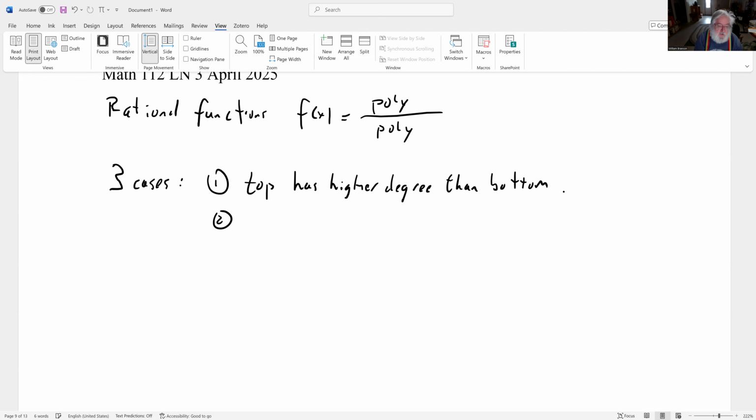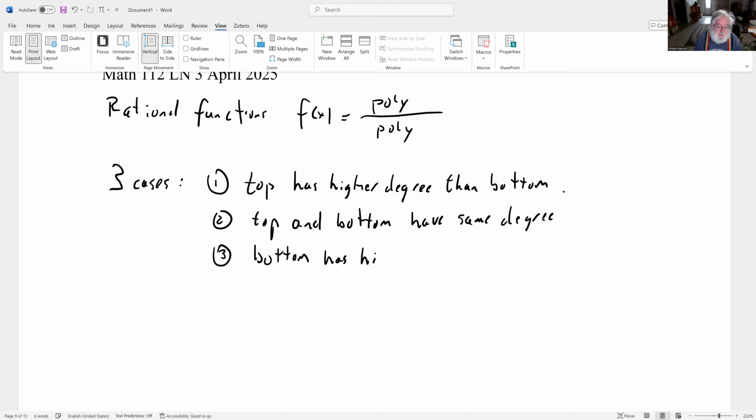Two, top and bottom have the same degree. And the third case is that the bottom has higher degree than the top.